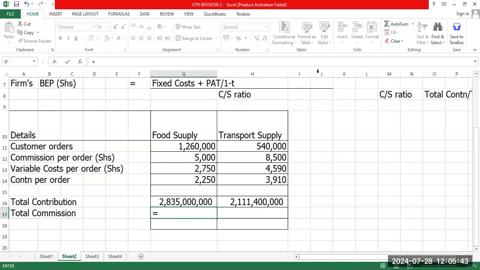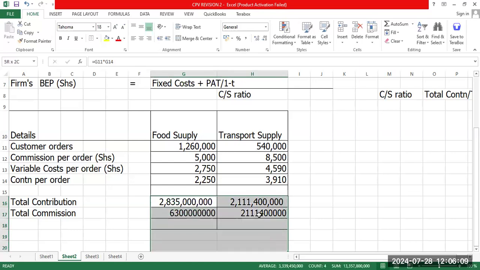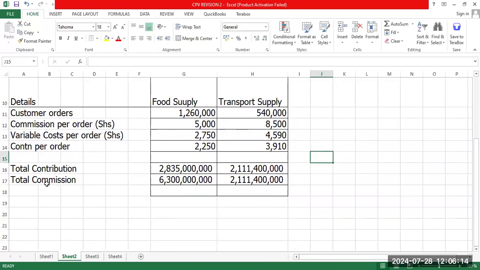How do we get total commission, colleagues? Already you have commission per order and you have customer orders. So you get the number of customer orders times the commission per order. Here also, get this one times the commission per order. After that, you can get the contribution to sales ratio.